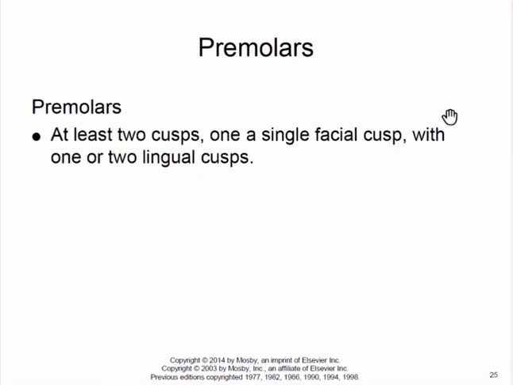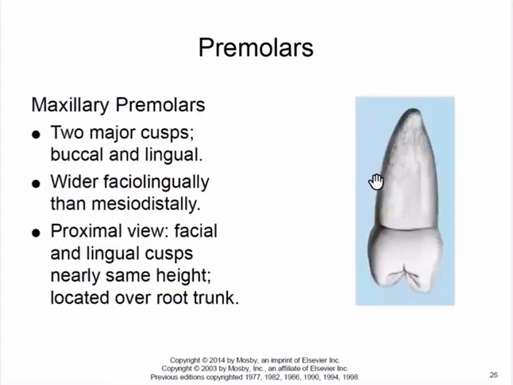Now going to premolars. Premolars, the bicuspids, we call them. They have root characteristics also. For example, in the maxillary premolar, here we will have almost a proximal view. We have nearly equal sized cusps, the buccal and the lingual cusps.